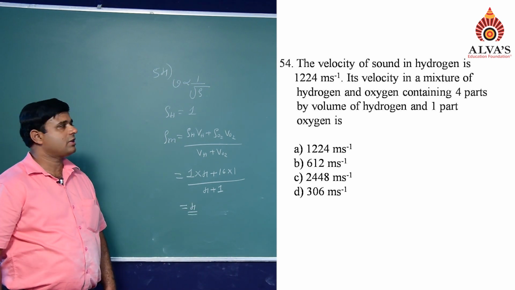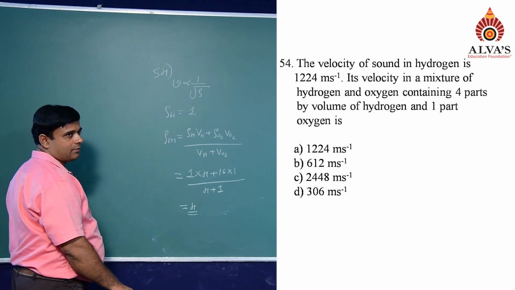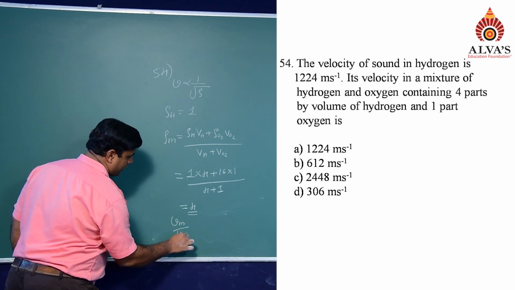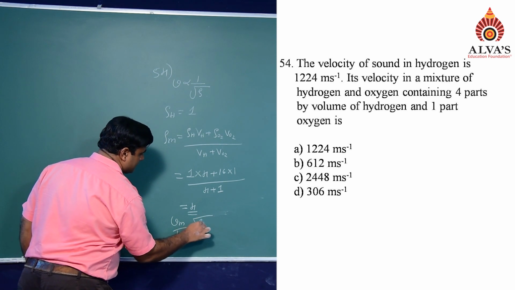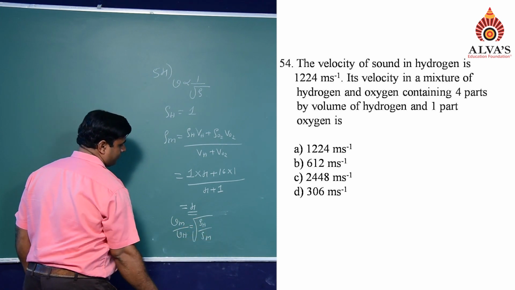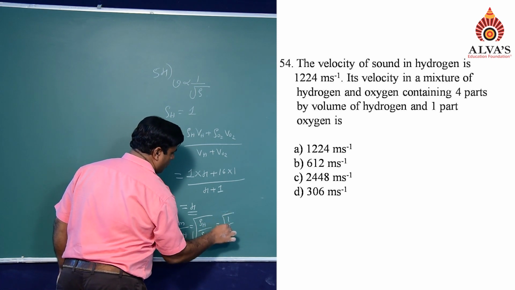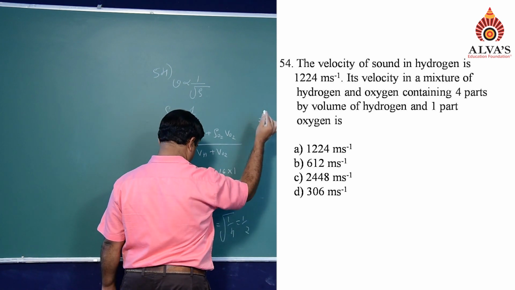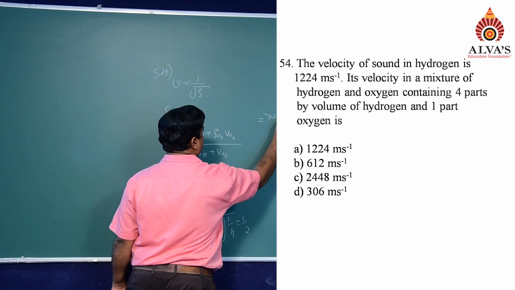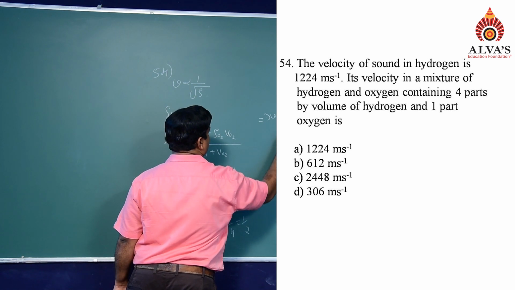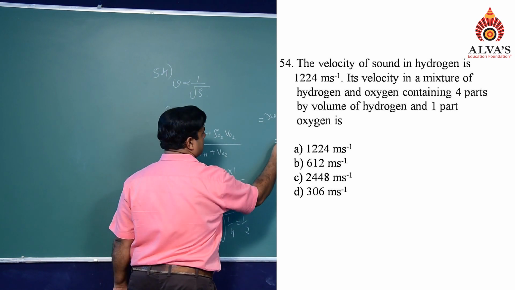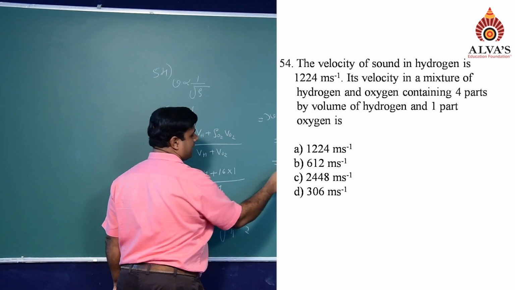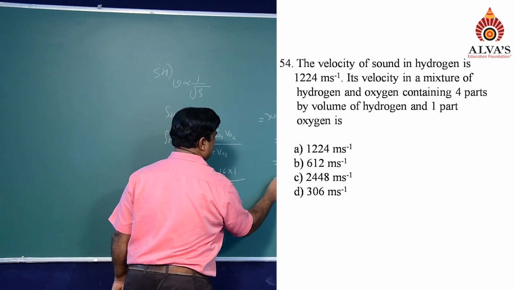So, density of mixture is 4, density of hydrogen is 1. Therefore, velocity of mixture by velocity of hydrogen is root of density of hydrogen by density of mixture, which is root of 1 by 4, which is equal to 1 by 2, implies V mixture is V hydrogen by 2. V hydrogen is 1224 divided by 2, which is 612. So, the answer is B.